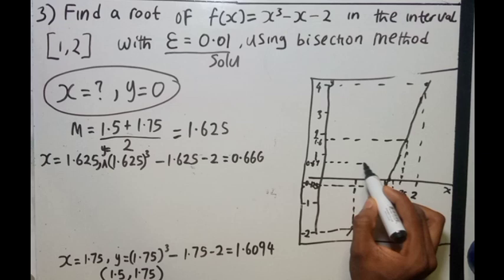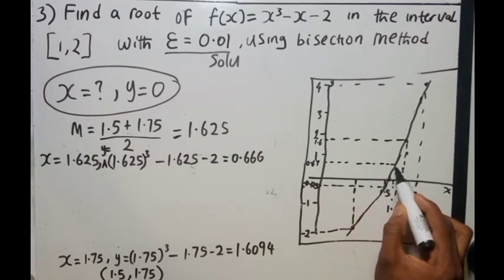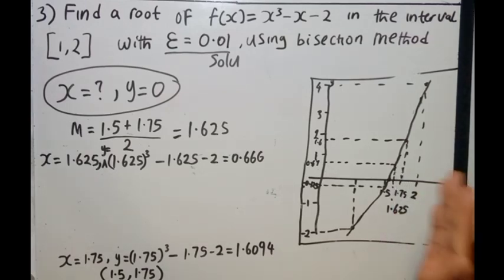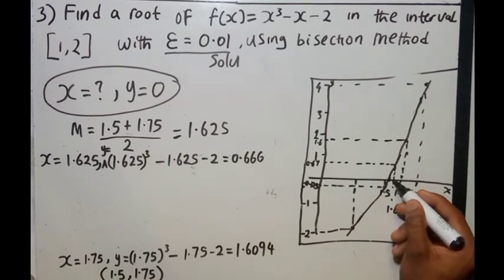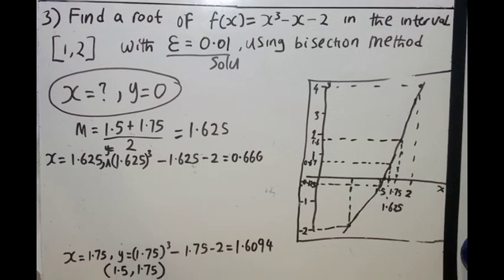So again we're going to be dividing in between this 1.625 and 1.5. We will now be focusing on that new interval.